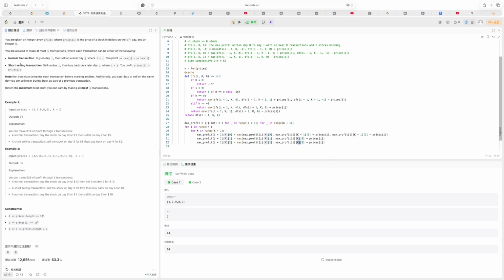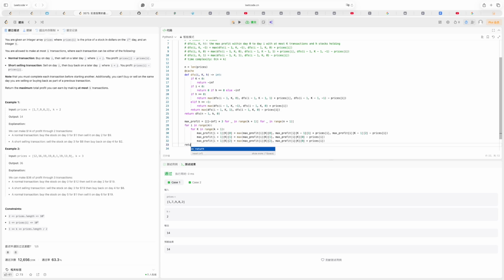Like it's a short selling transaction, we sell on daylight, so we are halfway through the transaction. And at the end we will return the max profit and k 0.